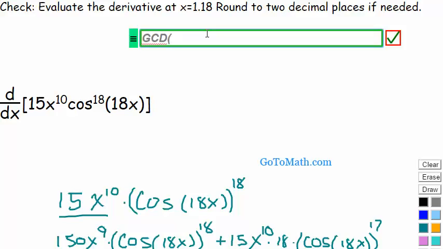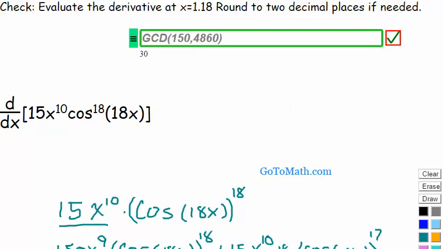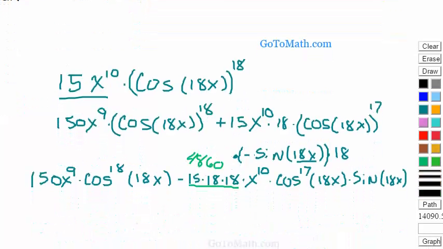You can do that by hand if you want, but I'm going to plug it in right here. 4860, and let's see what we get. 30. Okay, we're getting 30, so that's good. So the largest number that goes into 150 and into this number right here is 30. So let's go back, and that means I can pull a 30 out of here and a 30 out of this number here.